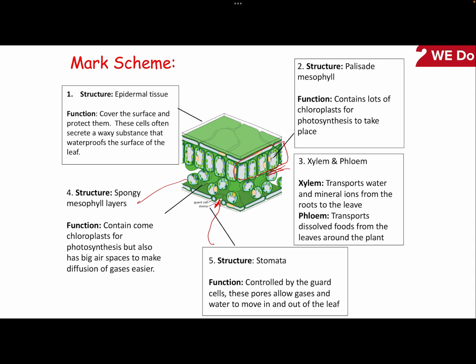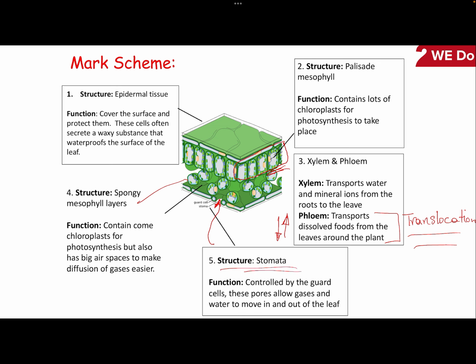In the xylem is where water and minerals are transported up the stem towards the leaves in one direction, while the phloem is where you have the transportation of sugars made during photosynthesis up and down the plant. So it goes up the plant wherever it's needed. And this process is called translocation.